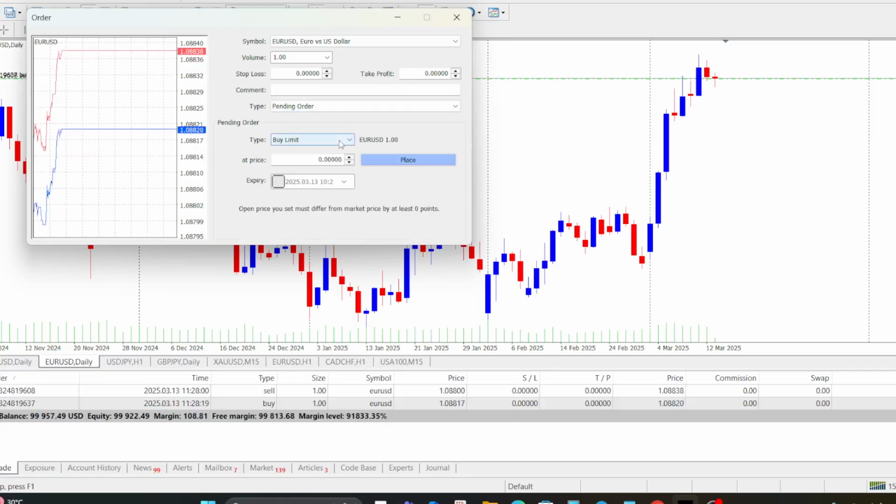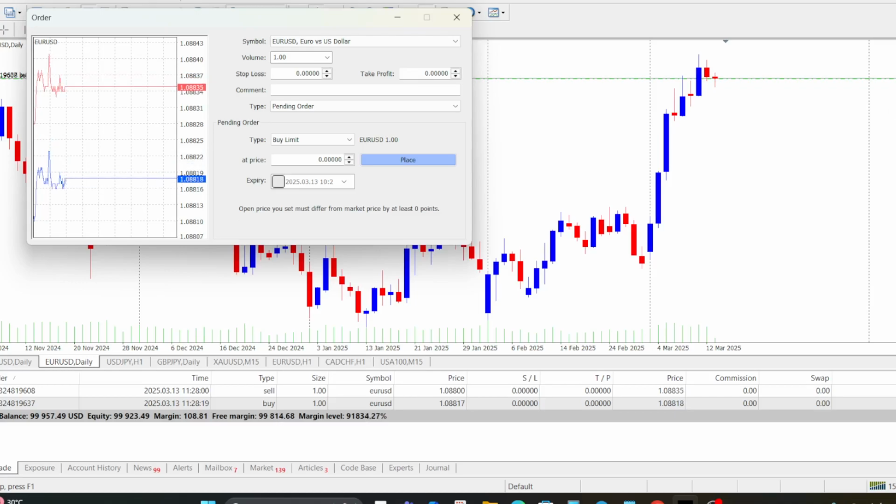But if you are using pending orders, like I said, let's start with buy limit. A buy limit is usually placed below the current price. So if you want to use a buy limit, you must place the limit below the current price. For example, let's say EURUSD is trading at 1.088, and you want to buy it at 1.079.